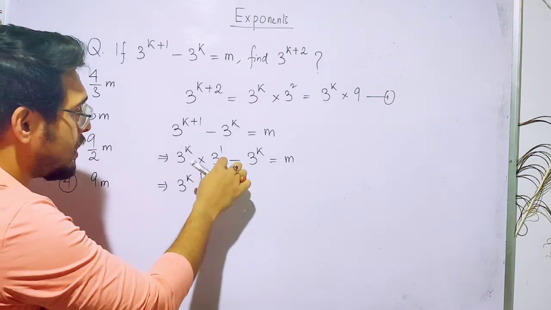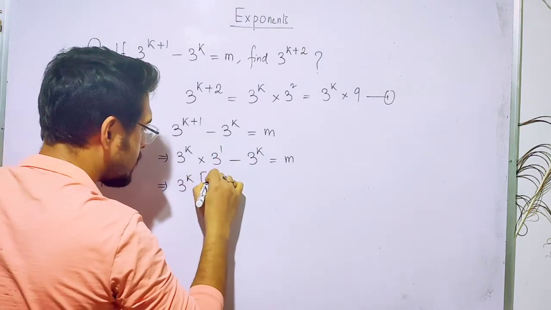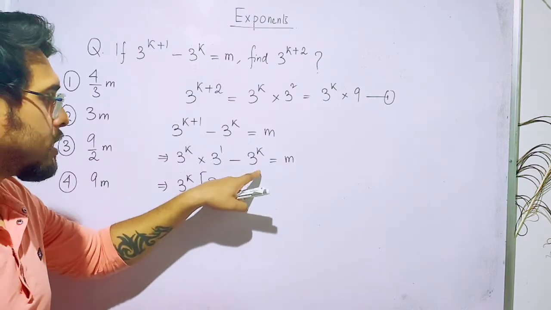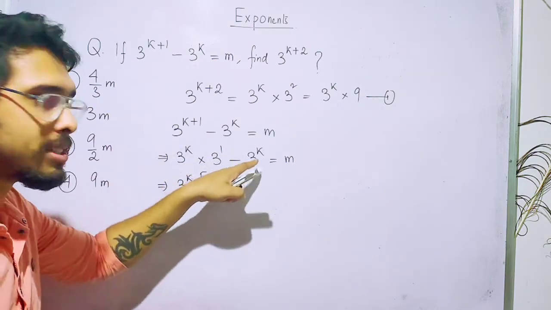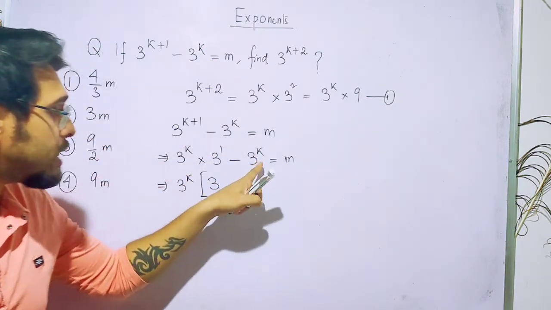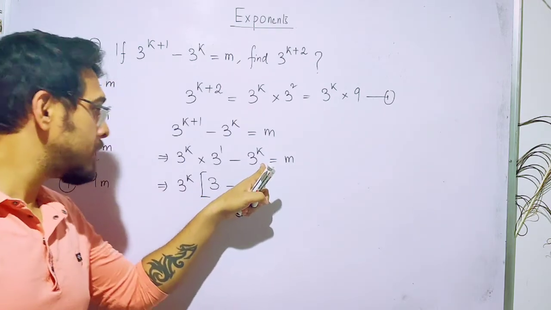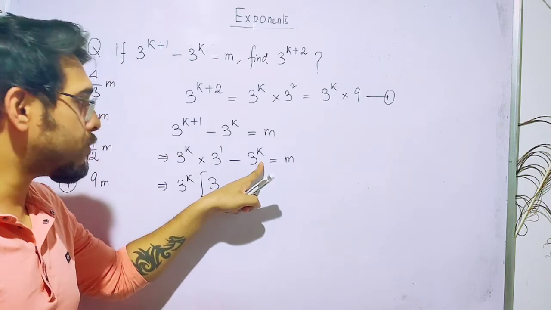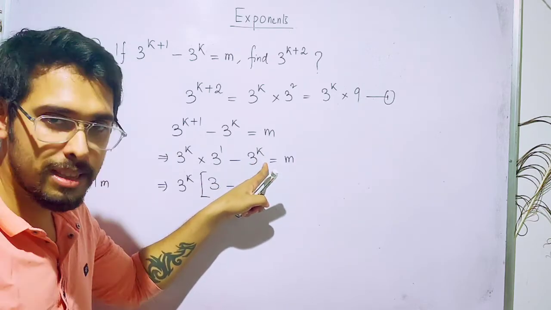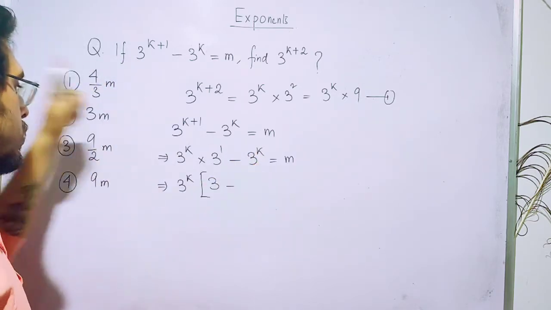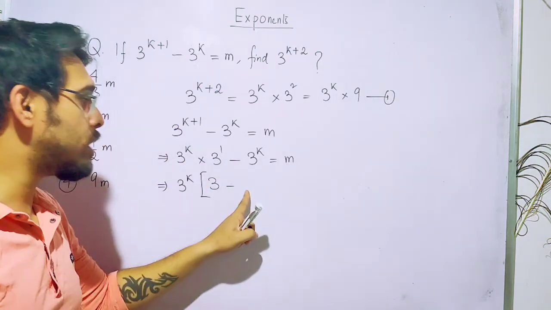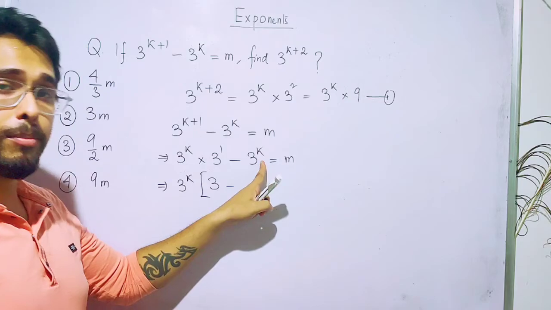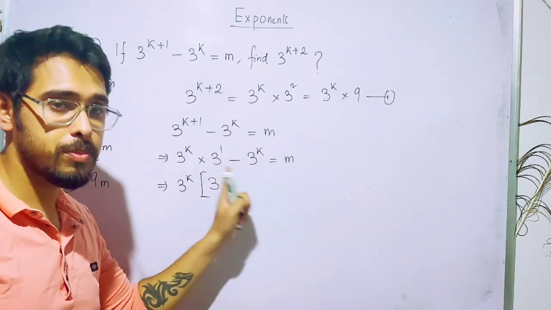So what is left? 3 to the power of 1, which is 3, minus. In the second place, you are taking the 3 to the power of k away. So what is left? Nothing is left. Nothing is left does not mean it is 0, remember. Because if it is 0, that means 3 to the power of k multiplied by 0 should have been there, and the result should have been 0.